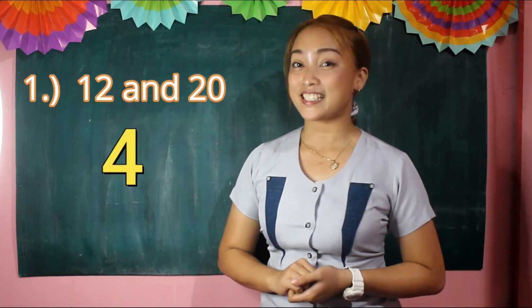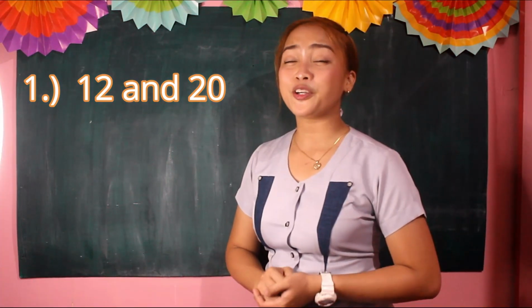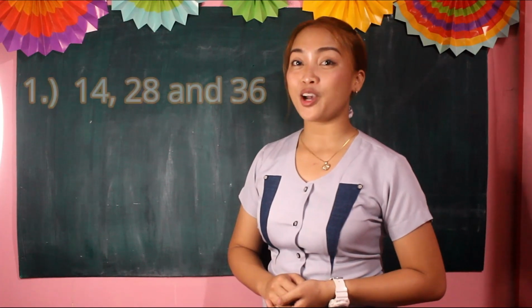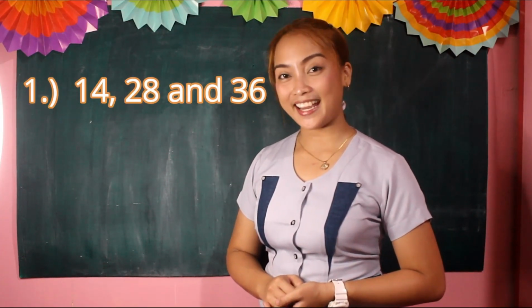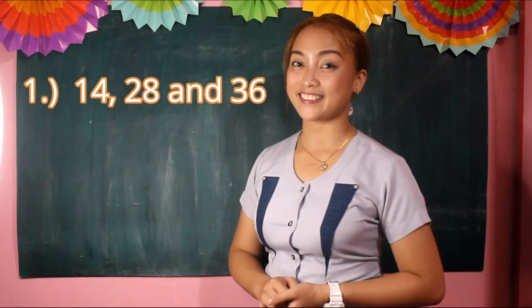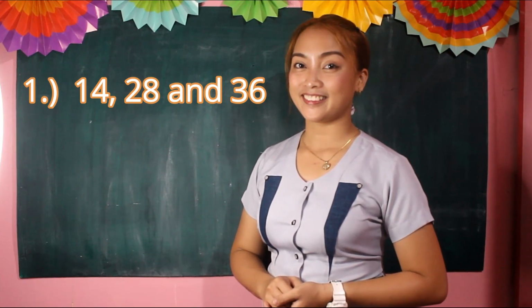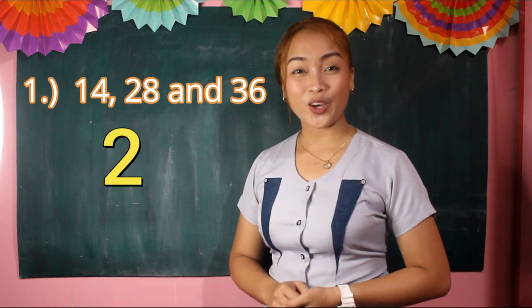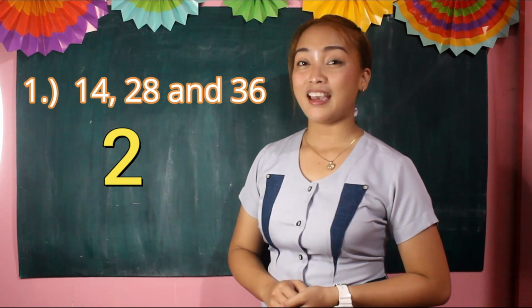Very good, still 4. For number 3, we have 14, 28, and 36. 2. Good job! Now, I think that we are already refreshed with these lessons. Now, let's proceed to our proper discussion.